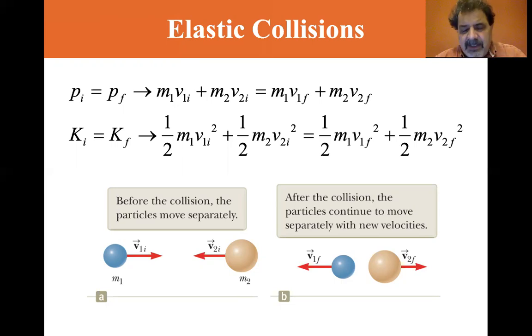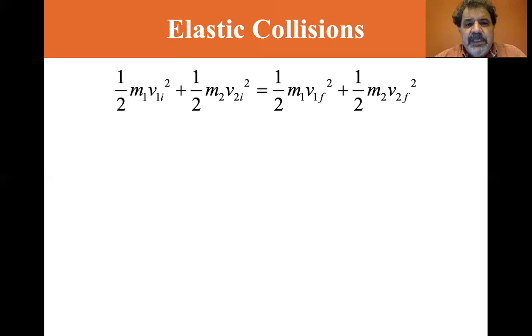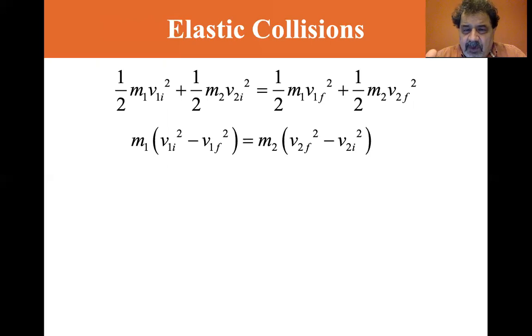So we're going to simplify this, and we're going to go through a procedure. We take the kinetic energy equation. I'm not going to repeat it. We get rid of the 1/2 because there's a 1/2 in every term, and then we group the M1s together.